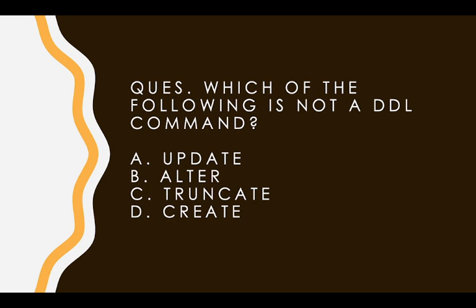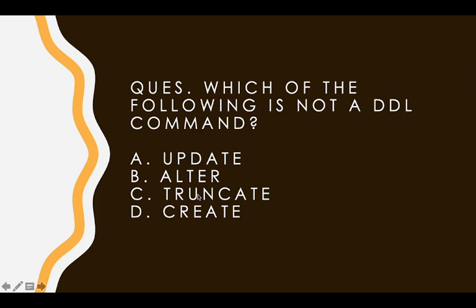All right, so this is a DML command, and I think this could be the option that we are looking for. Then we have alter. So alter is basically used to alter an existing database, and because we are changing the definition, alter is a DDL command.